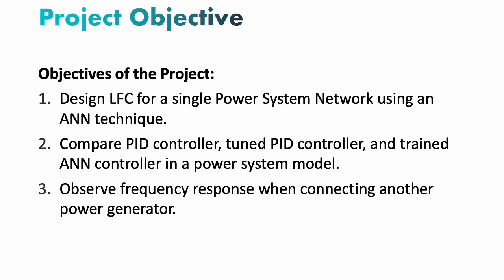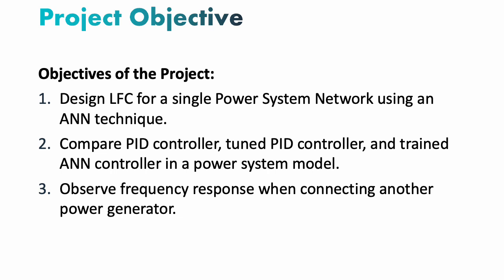Now, the objective for this project is pretty straightforward. The first is to design a load frequency controller for a single power system network using the artificial neural network technique. And in order to achieve that, we are going to compare our technique, which is the ANN, with that of the PID controller, also a tuned PID controller.